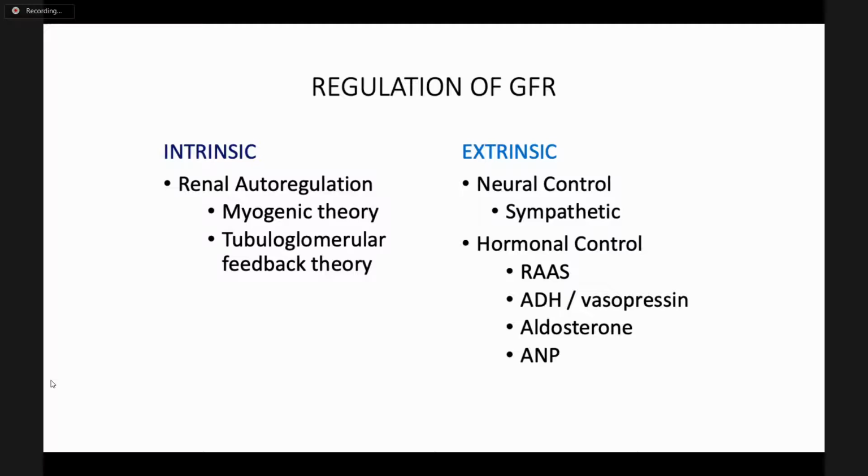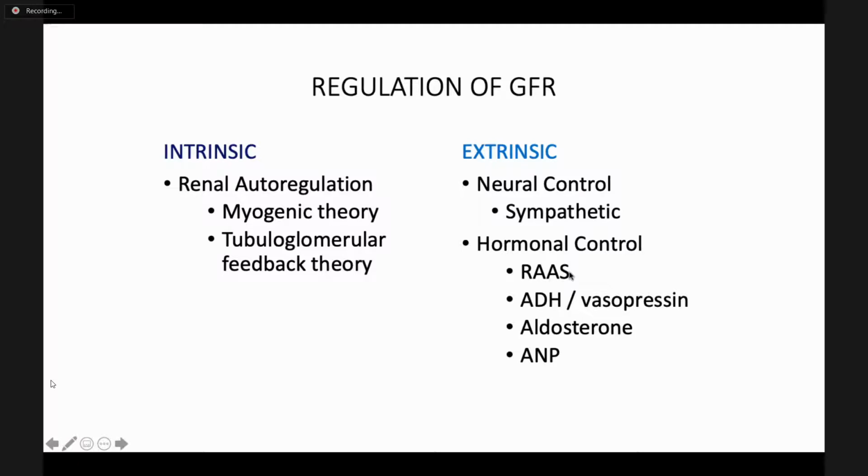Locally, let's say the blood flow is reduced, so it is not stretched, then it will dilate to allow more blood flow, right? Tubuloglomerular feedback theory, I will explain to you later. Okay, for extrinsic and systemic blood regulation, we have the autonomic nervous system from the neural control, and we have the hormonal control, which is the renin angiotensin aldosterone system.